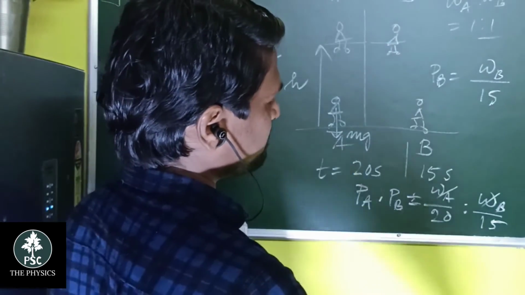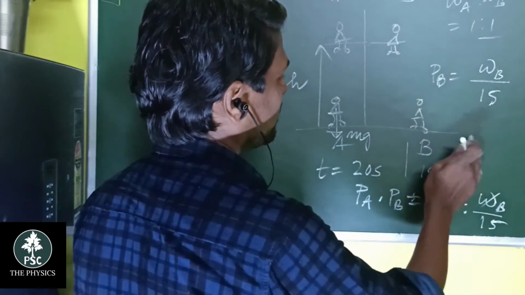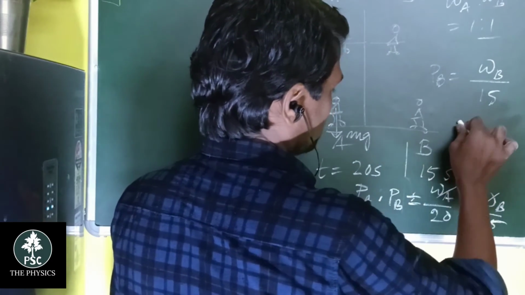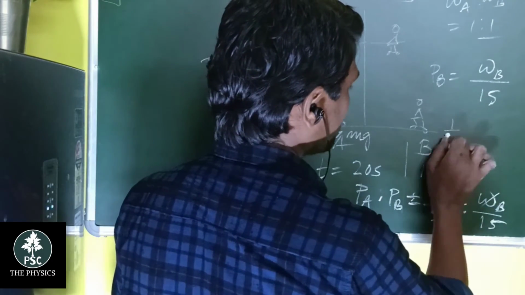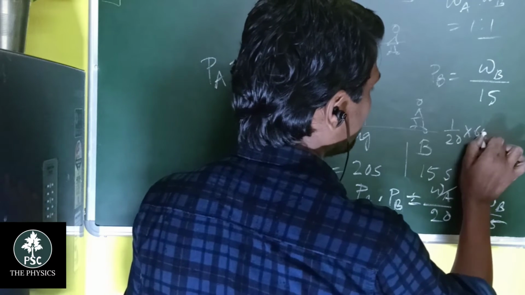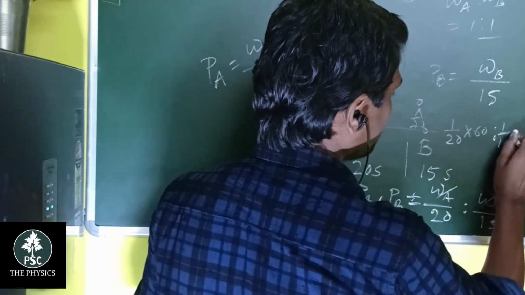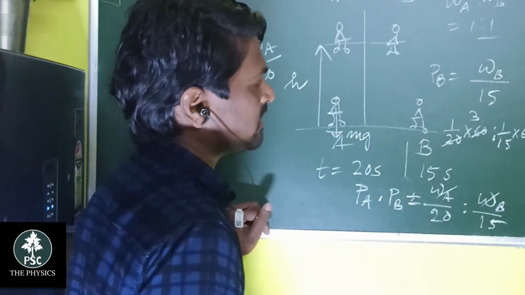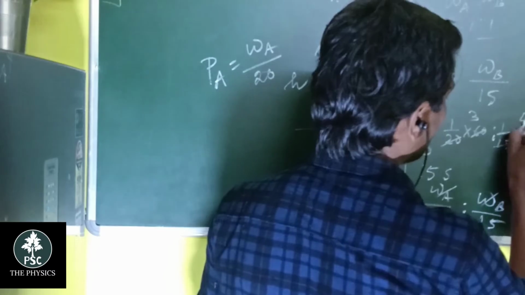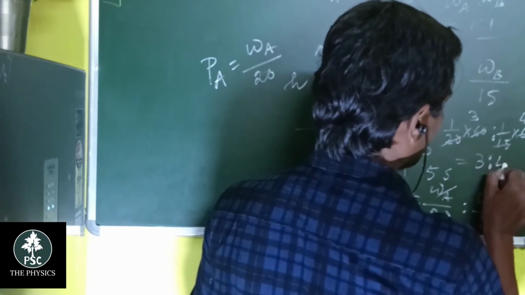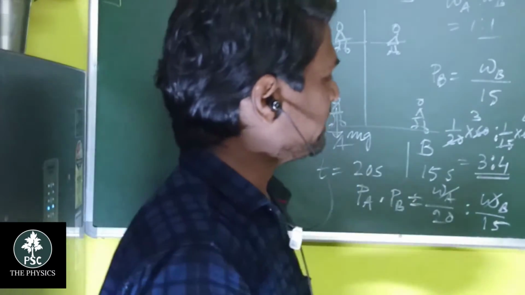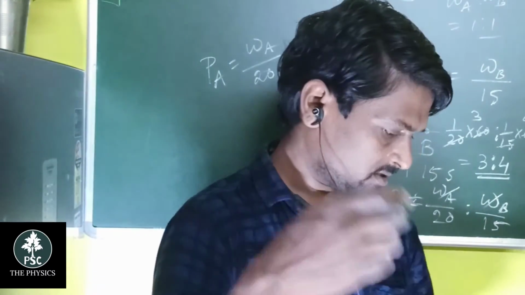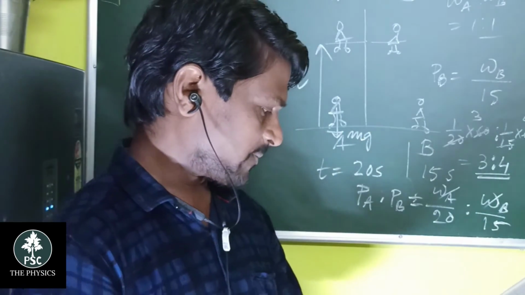If you multiply with 60, then 1 by 20 into 60 is to 1 by 15 into 60. So this is 3 to 4. So the ratio of the power is 3 to 4, whereas the ratio of the work done is 1 to 1.